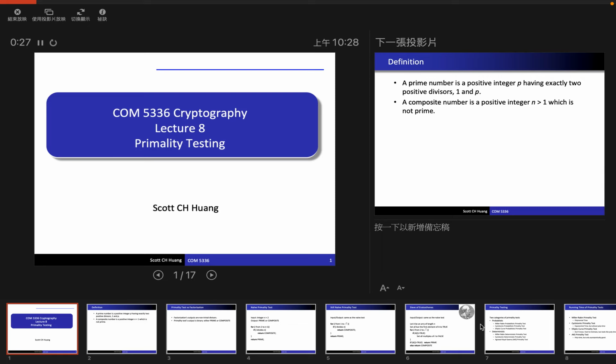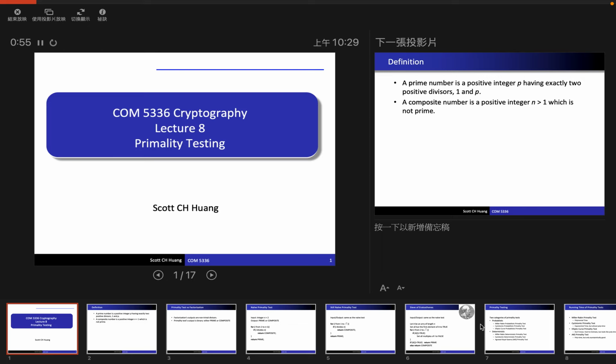By the way, I just posted this online today. Generating large primes is essential in most public key cryptography algorithms, and so this lecture is dedicated to generating large primes.